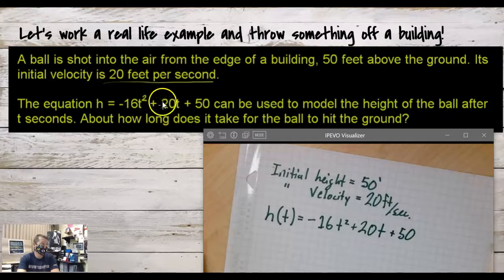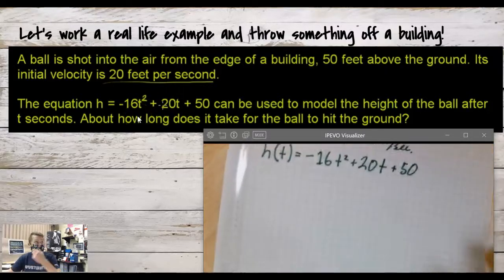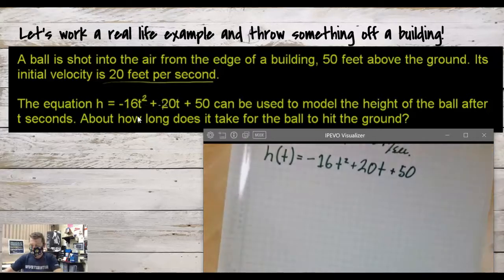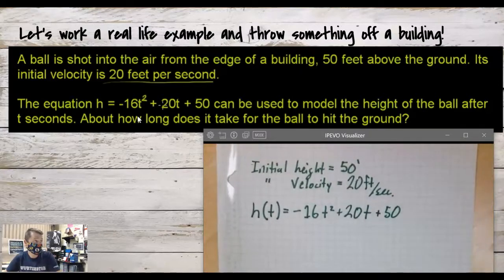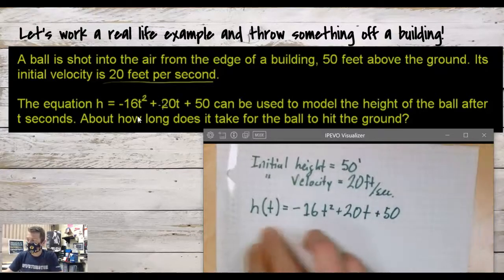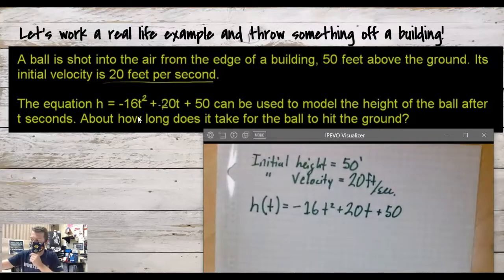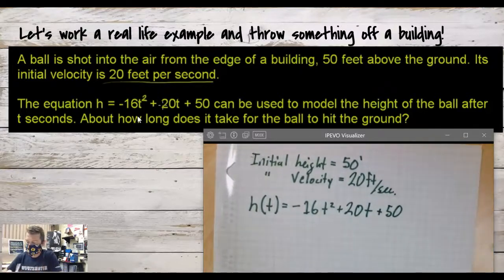So that's not a -20, that's just a positive 20t. Here's the really cool thing we're able to do now. This trinomial they gave us is chock full of information.